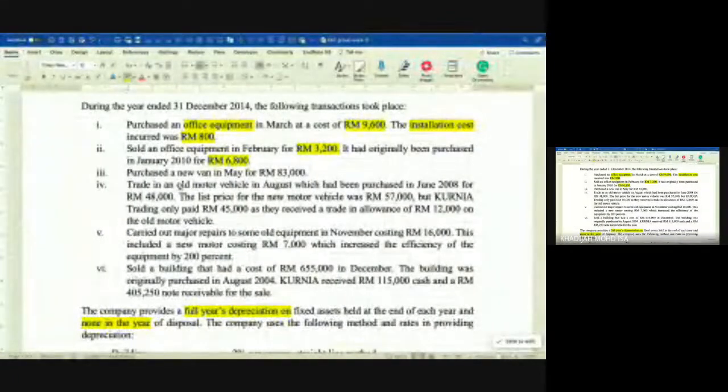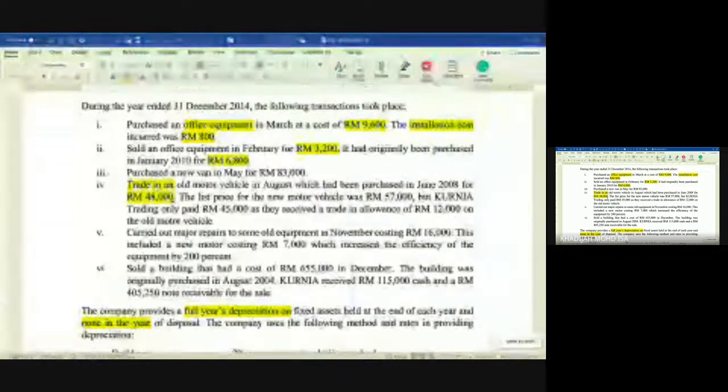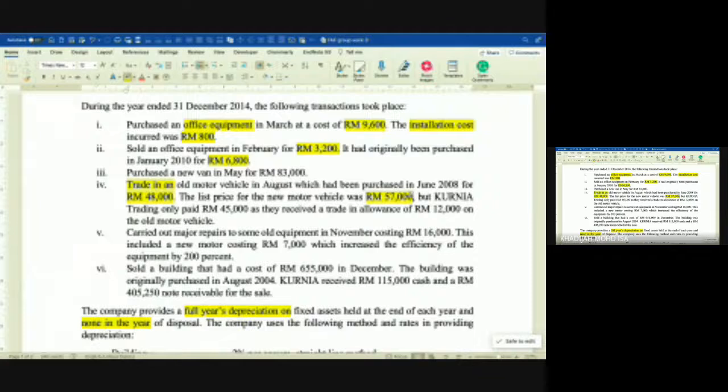Trade in motor vehicle. So when you trade in a motor vehicle, you purchased it in 2008 for 48,000. So this is the trade in value. The list price of the new motor vehicle is 57,000, but the company only paid 45,000 as they received a trade in allowance of 12,000 on the old motor vehicle.